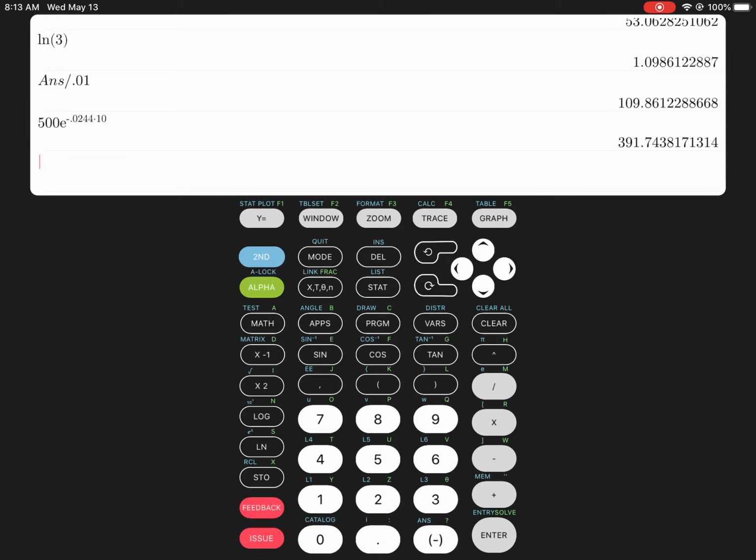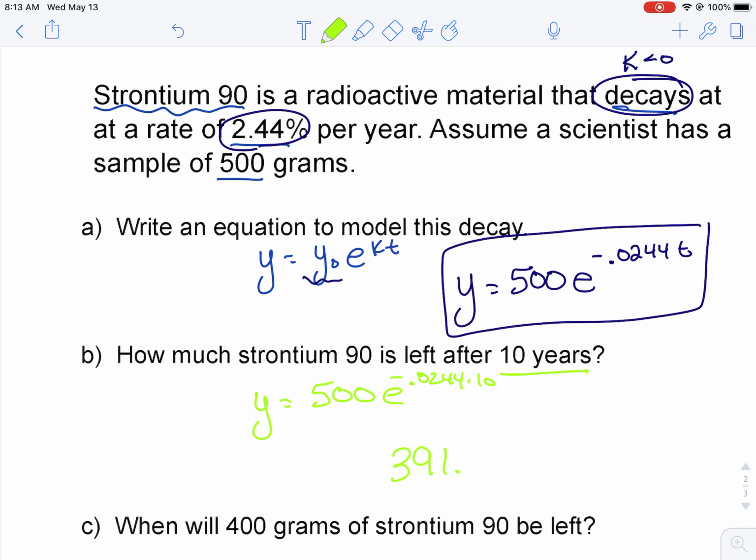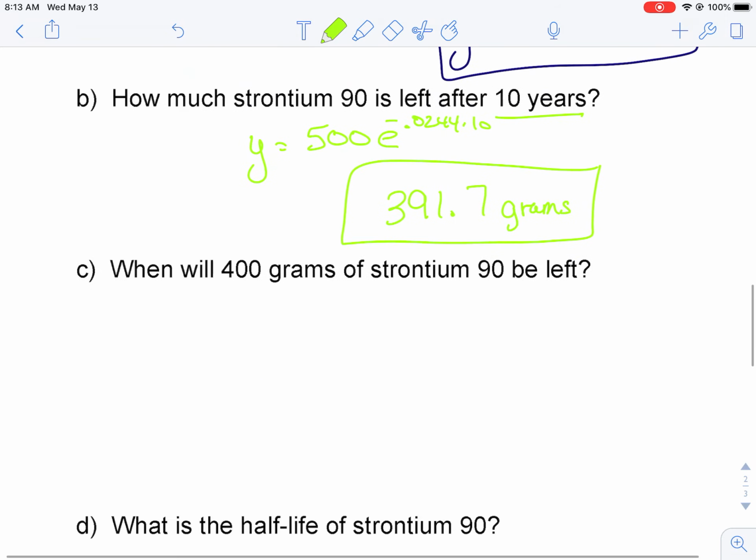And it is down to 391.7, and that is grams because we started with 500 grams. And that should make sense. The problem says it's decaying, so we started at 500, now we're down to 391.